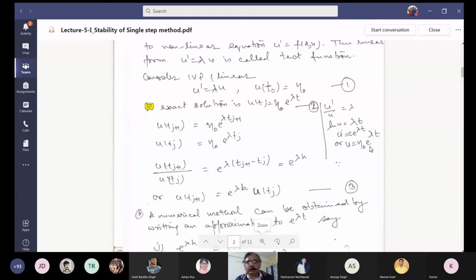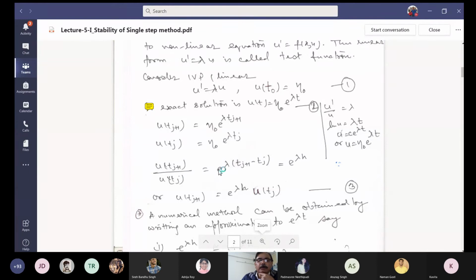Now, at the point t j plus 1 we have eta naught e to power lambda t j plus 1, and u(t j) will be eta naught e to power lambda t j. Divide these two, u(t j plus 1) divided by u(t j).